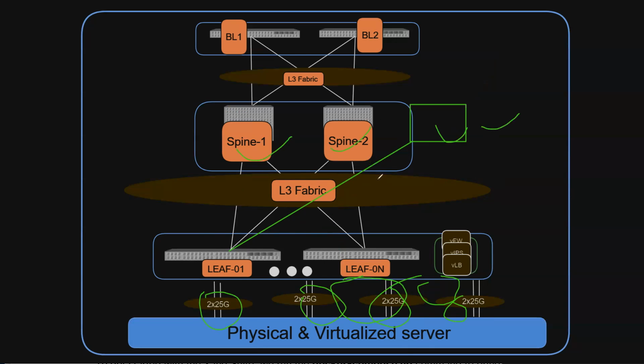So tomorrow, if anything happens with a link or a spine, the other spine will take care of that information. The endpoint database that these spines have is synced across because we have the redundant links. Okay, yeah, got it.